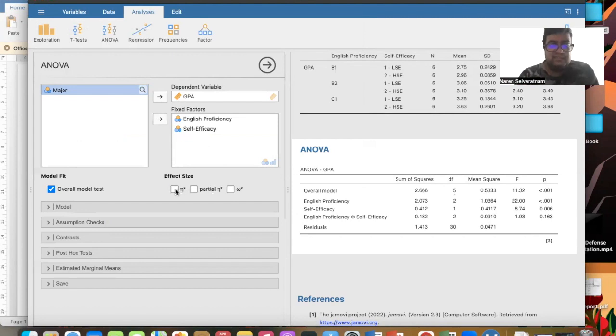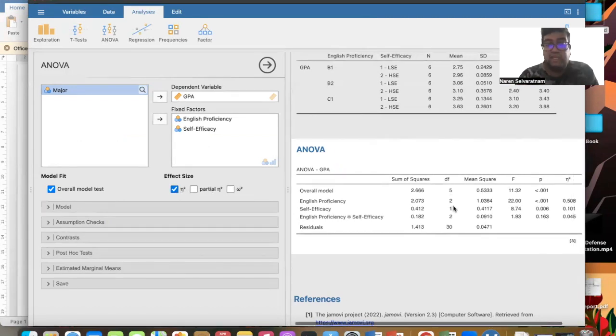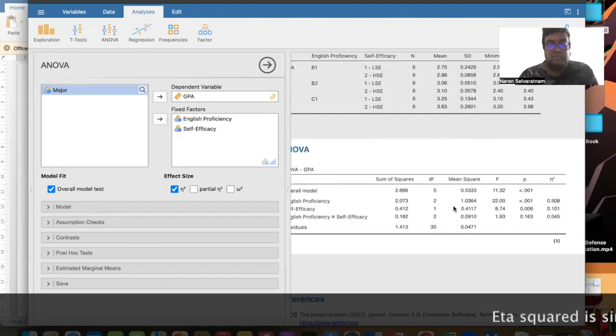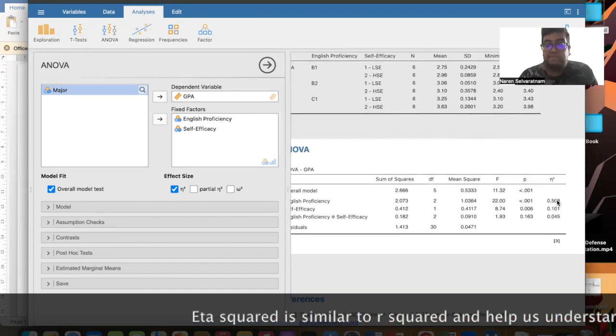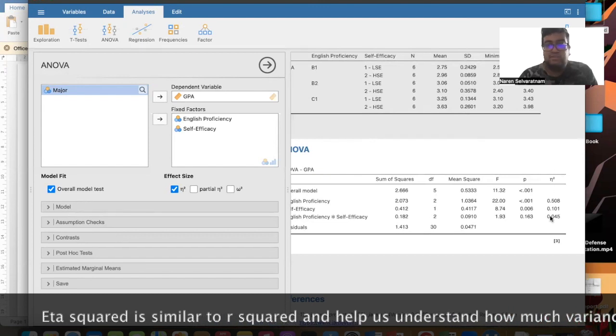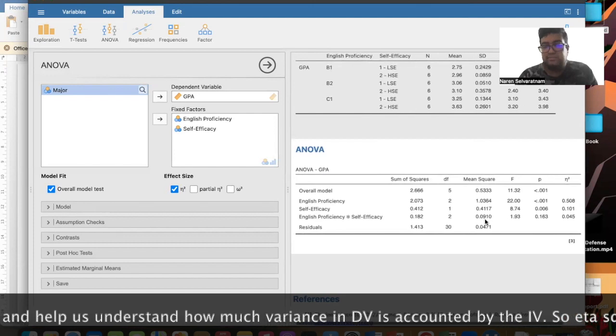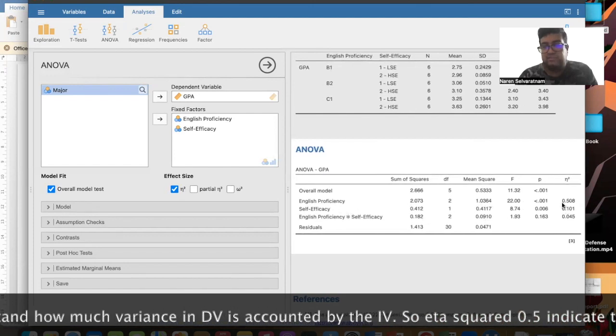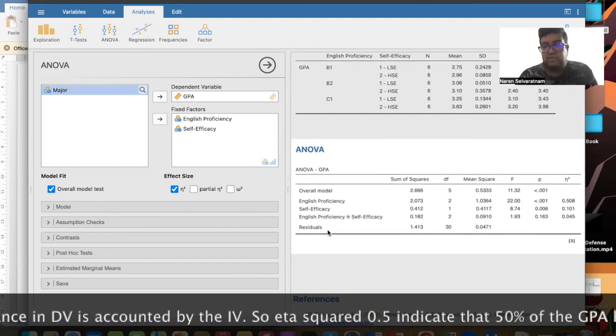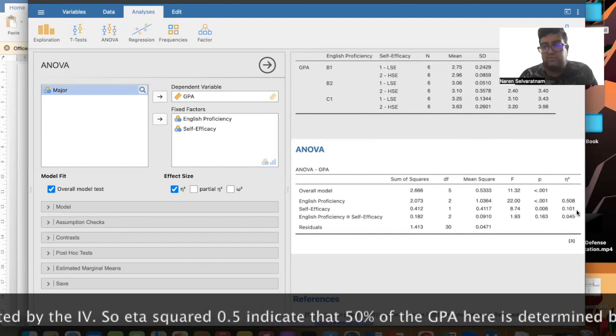And I can get the effect sizes for this as well. Eta squared, I can click on that. This is given here, eta squared. If you look at this, English proficiency has 0.508, self-efficacy 0.101.